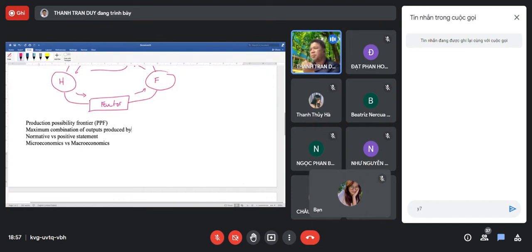Maximum combination of output the economy can produce, right? Anything else? I need a latter part. Anyone else? What is missing here? Anyone tell me the missing part in this definition?